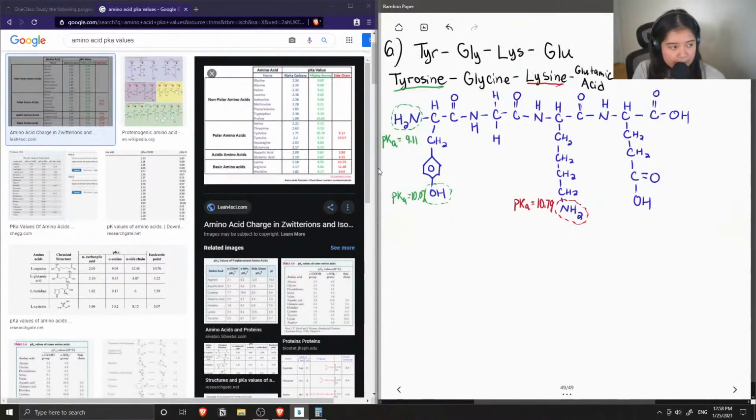And finally, let's look at glutamic acid. I'll underline this in orange. On the chart, it's found here under acidic amino acids. For its side chain, it has a pKa of 4.25.